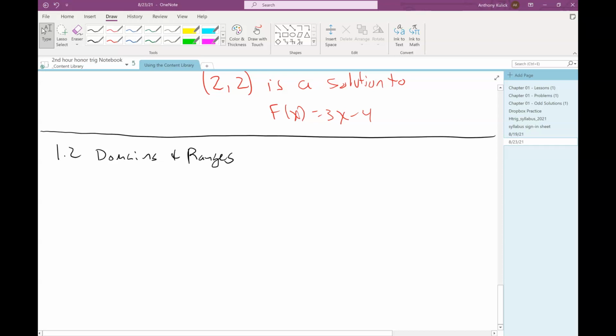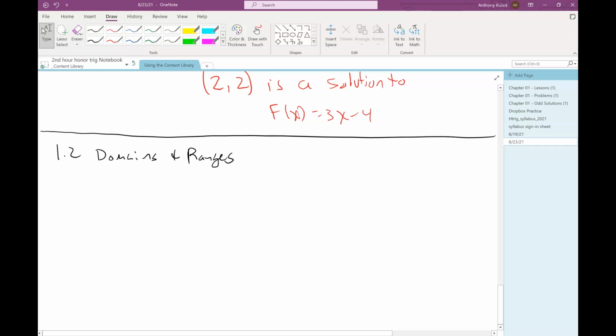So again, domain was the set of the x coordinates for your set of ordered pairs, and the range is your set of y coordinates. Since domains and ranges are sets, one way we can describe a set is with something called interval notation. Interval notations are good when sets are continuous.